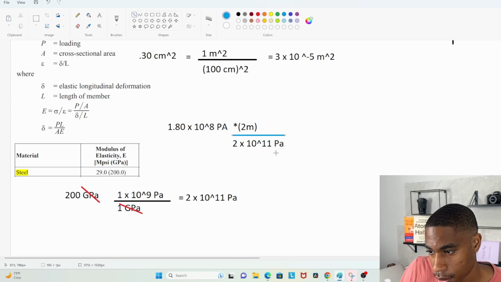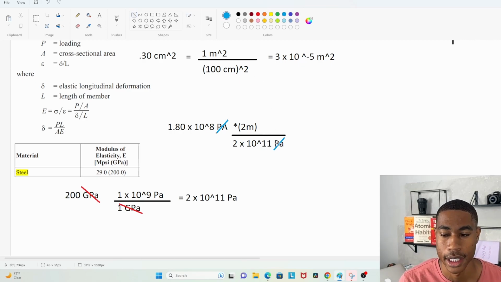Let's do a blue for this. My Pas should cancel, and I should only be left with meters. Okay. Really important that you make sure that you are converting your units and that your units are canceling.